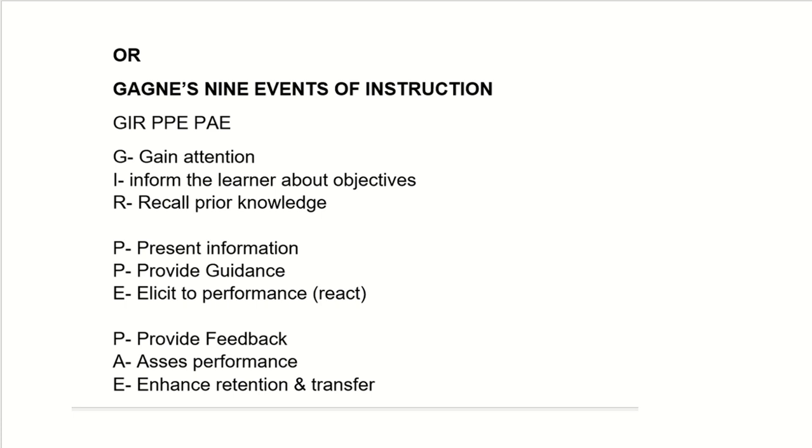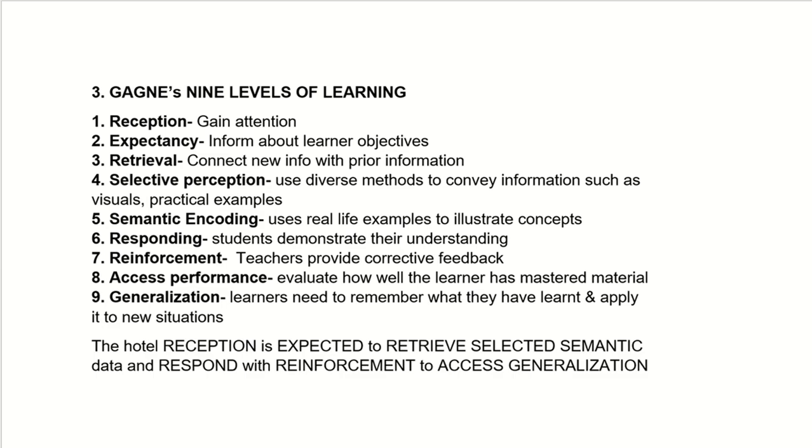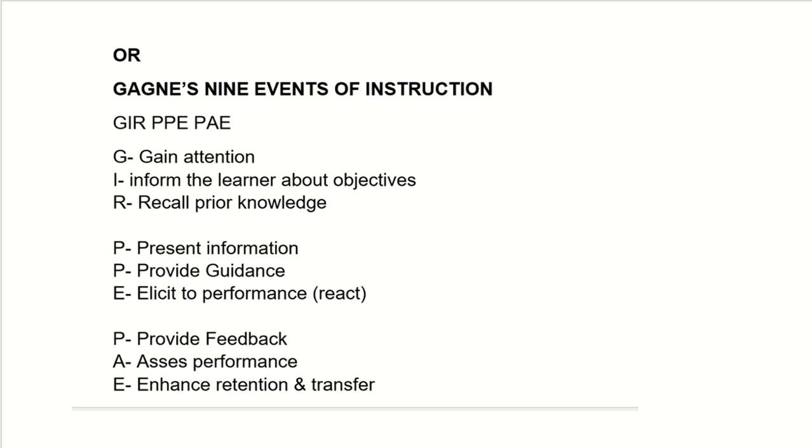Okay, that was the 9 levels of learning, but these are the 9 events of instruction. So Gir Forest, PPE, PAE, that's how you can remember this, but you have to remember this, it is really important.